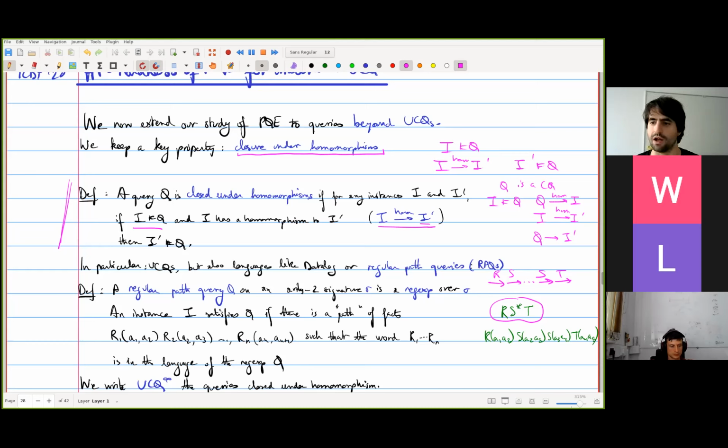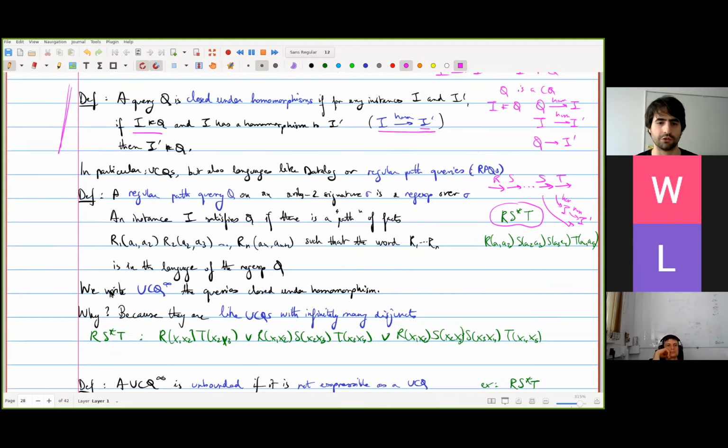Because if I have a match of a path in an instance, and I have a homomorphism from this instance to another instance, then I again have a match of that path. This is just to argue that queries closed under homomorphisms contain all UCQs and also very different things.